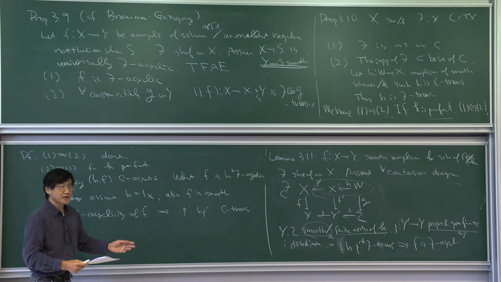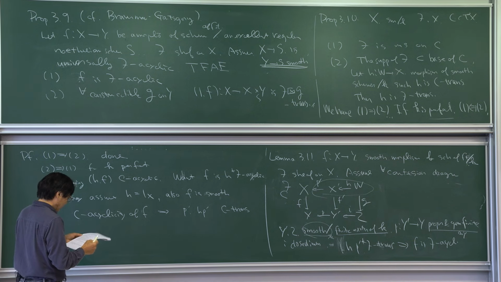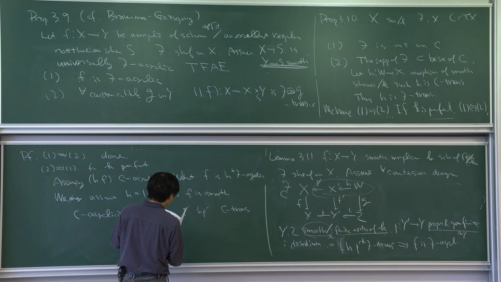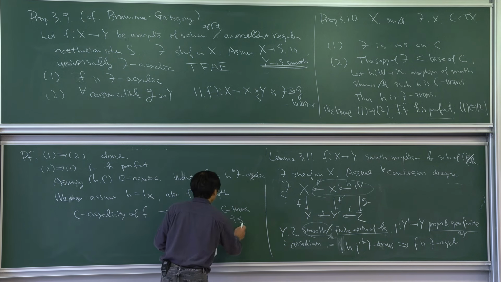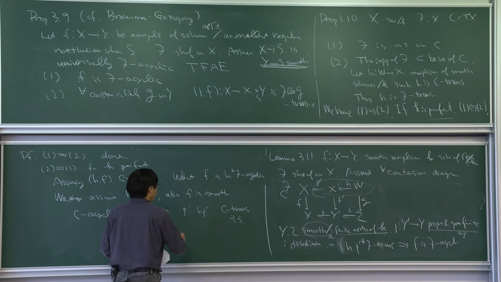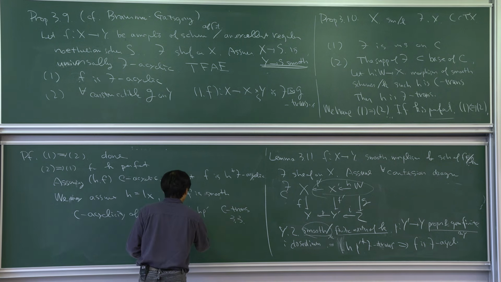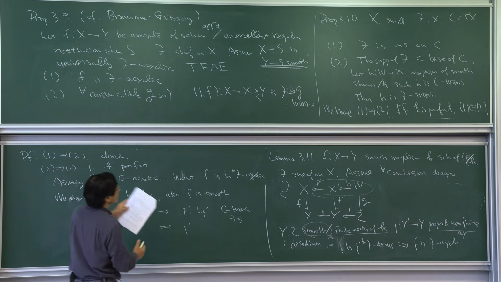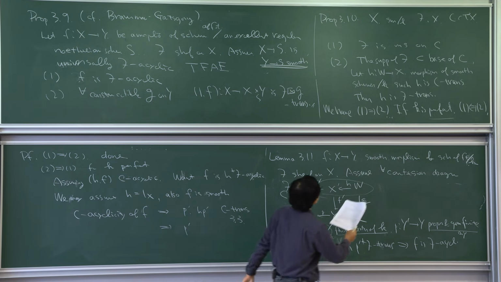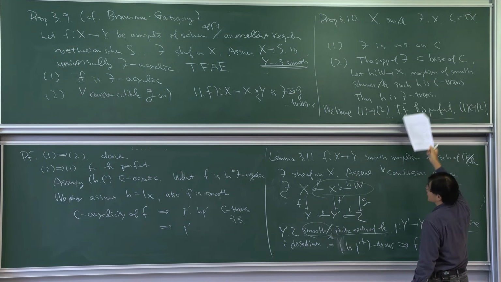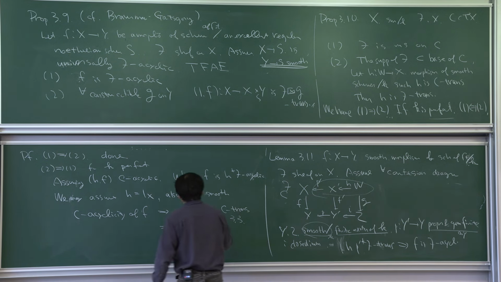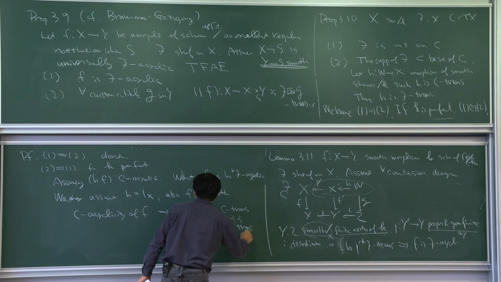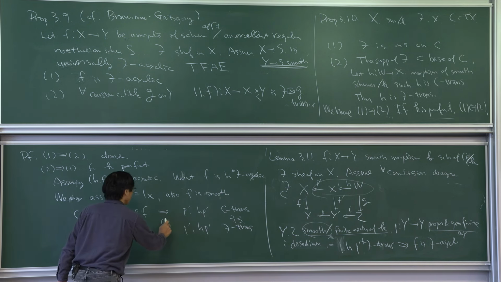As we have seen before, it was 3.3. So we are assuming that C transversality implies F transversality. So they are F transversal by condition 2.